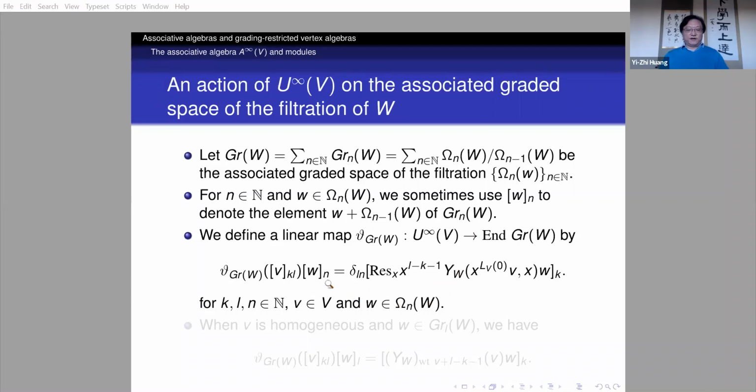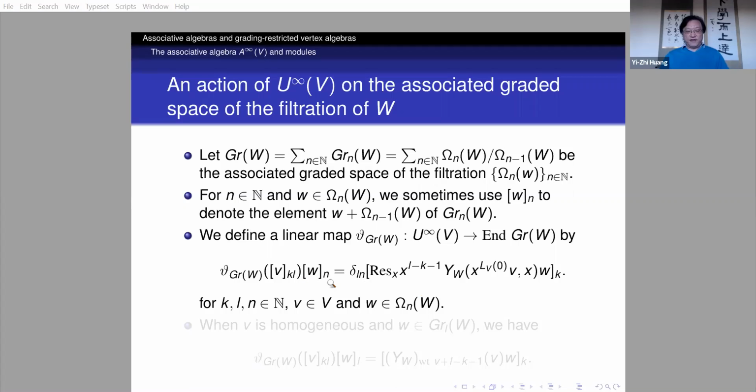So when I write this definition, it probably looks complicated because I have all these brackets, K and so on. But roughly speaking, the residue just takes out the component which has the weight equal to L minus K. Okay, so the weight is, I think, K minus L, and if n is not equal to L, then it's 0.